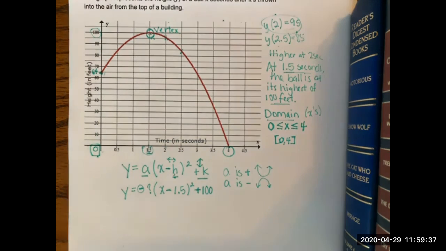So use these ideas of a, h, and k to decide which of the equations would work. And if it doesn't work, why not? Is it the a, the h, or the k that's wrong? And tell us why. What's wrong and why?